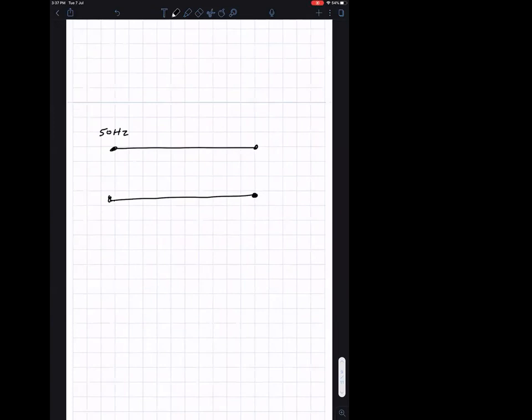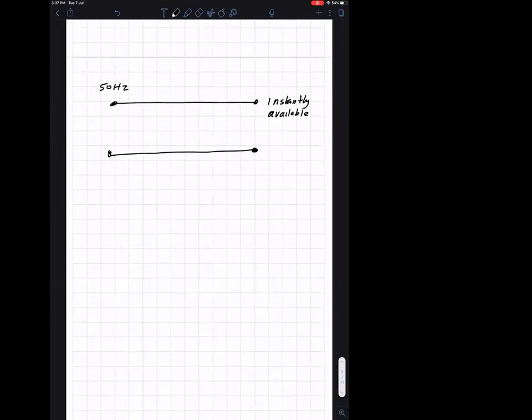You assume it's instantly available on the other side. No problem. This is the length of the line. At 50 hertz, the lambda is very, very much bigger than the length. The same transmission line.